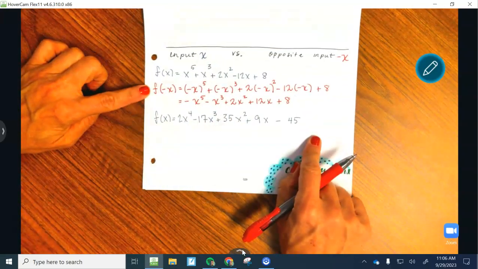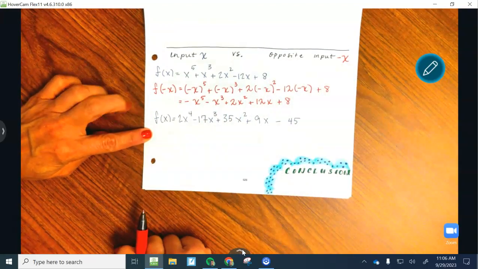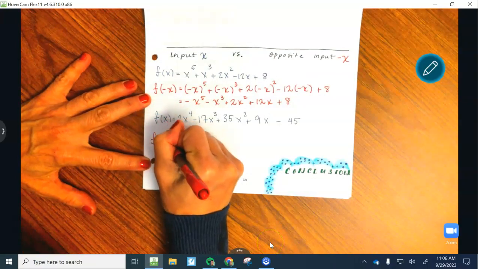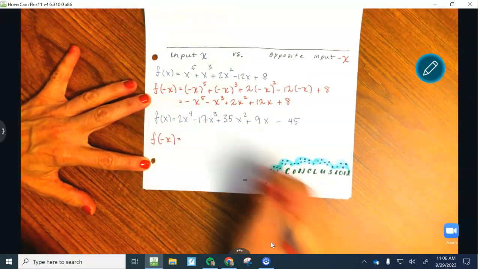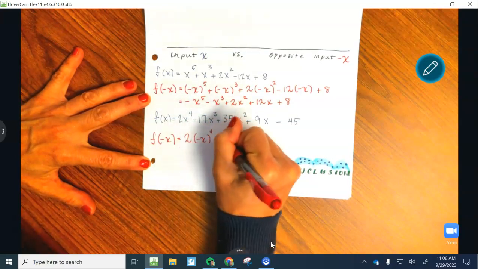Let's look at this next example right here. I'm going to do the same thing right here. I'm going to put an opposite input and just notice what happens to the polynomial. So let's go ahead and drop in a negative x. So this is going to be replaced with a negative value.